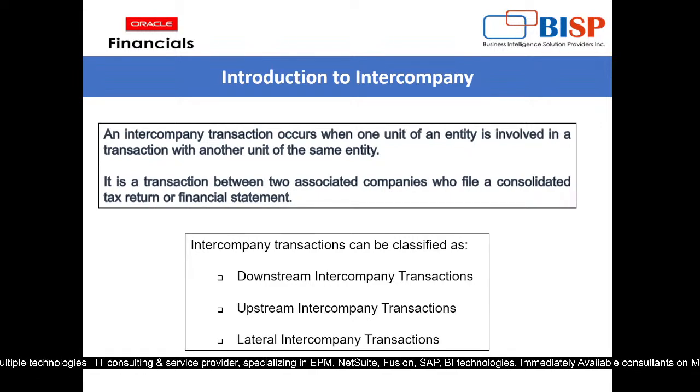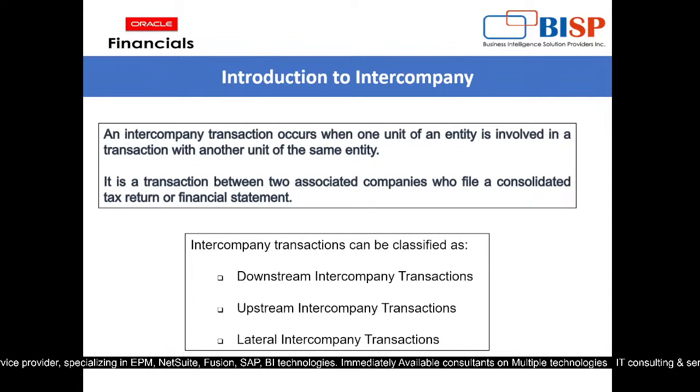These transactions might or might not be settled through cash. From the consolidated entity perspective, the transaction is initially unrealized because unrelated parties are not involved. Therefore, intercompany transactions need to be eliminated from the consolidated financial statement.